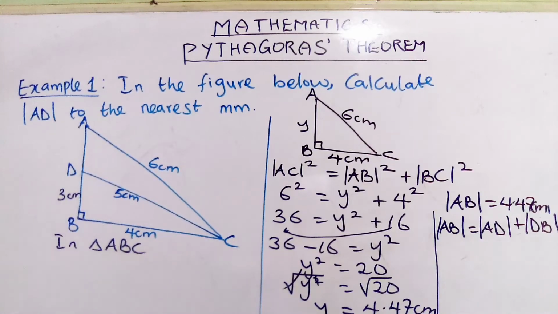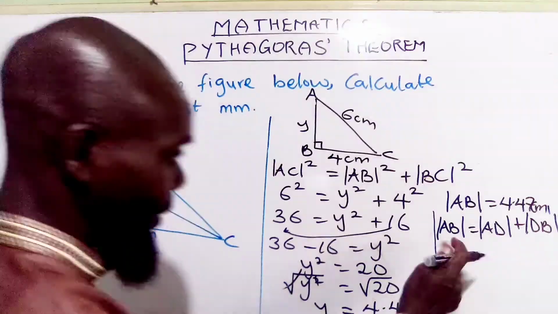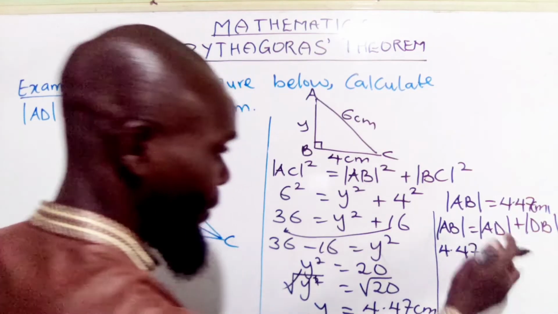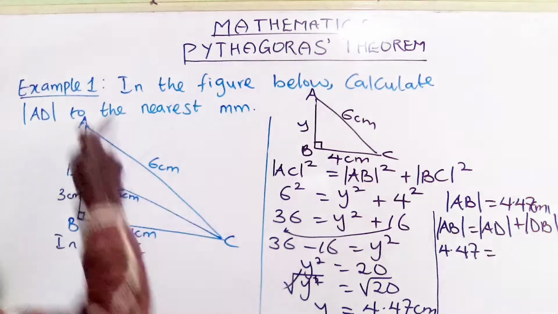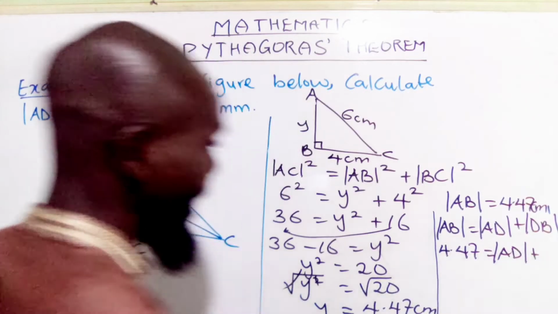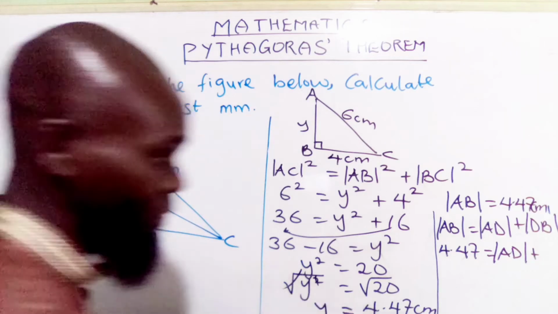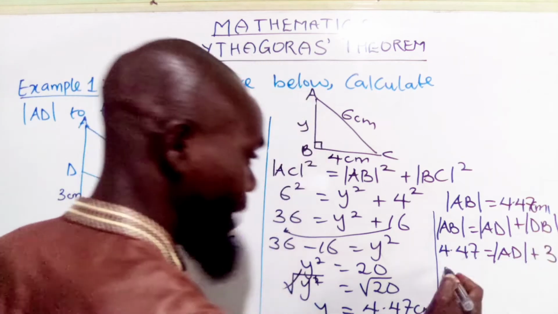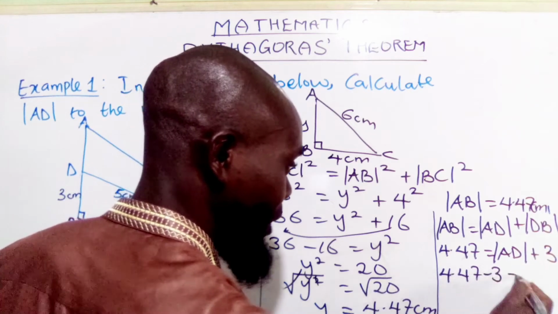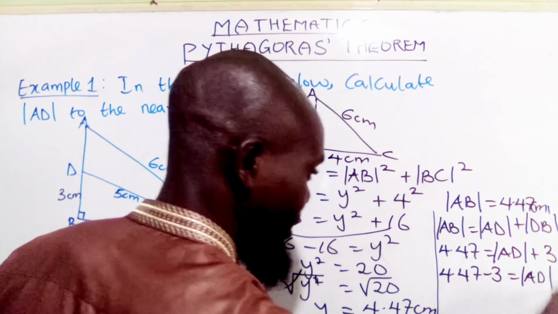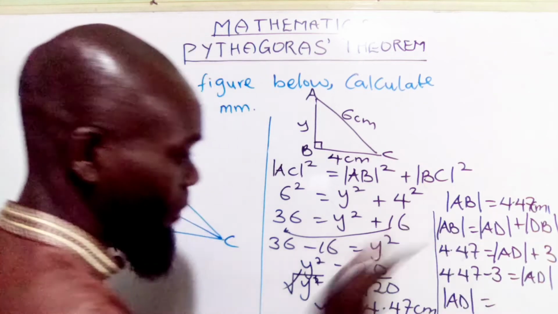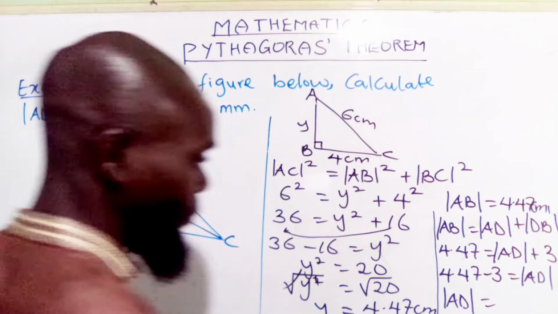So we now have our line AB given as 4.47, because our line AD is what we are to calculate. Line AD plus our line DB, what we've gotten before, that is 3. So collect like terms. So we have 4.47 minus 3 equals line AD. So our line AD, when you take away 3 from 4.47, we have what?